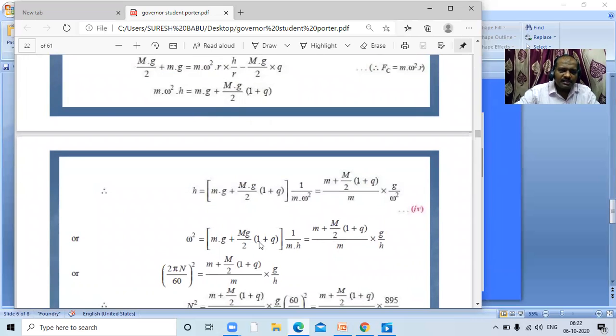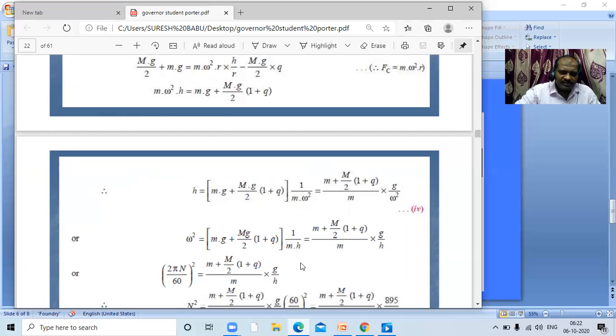By solving this equation for h, and simplifying, omega square is equal to small mg plus capital Mg by 2 into 1 plus q into 1 by mh.